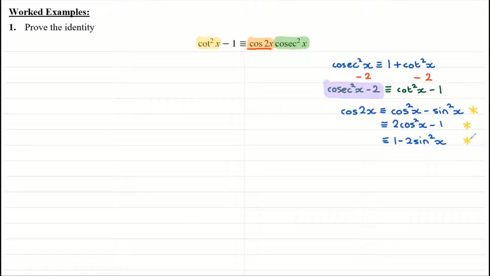Now, if you can't see a direct substitution or something that would make an instantaneous leap forward so you can solve it quickly, a really good idea is to just break everything down into those simple building blocks, the sines and the cosines. And I think that would be a good idea here because we've got so many different things going on with obviously the cos 2x here and the cosec squared x.